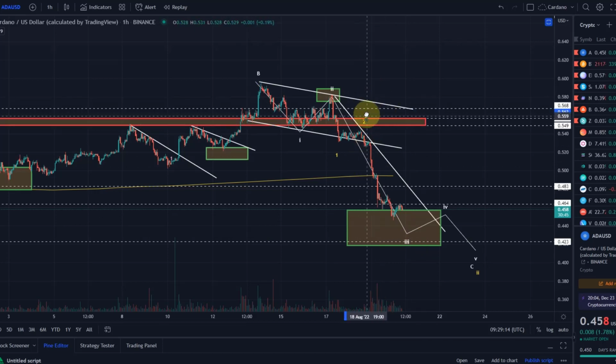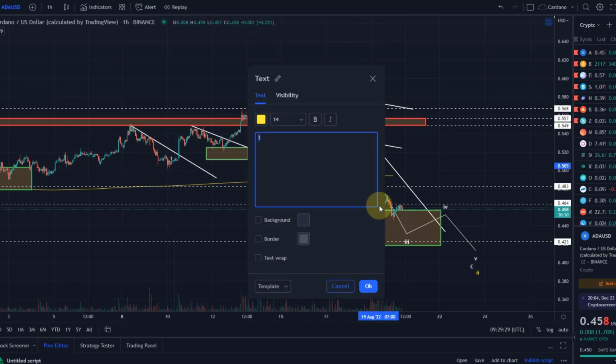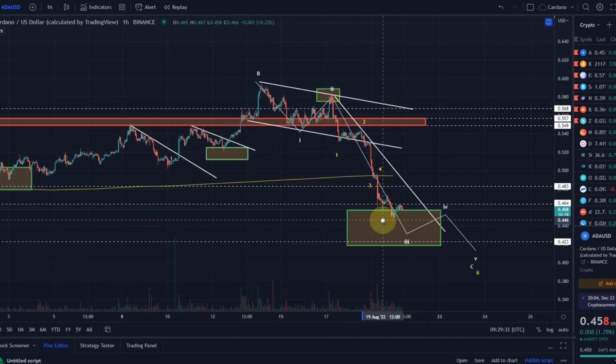Then we came down here in a, you could say that this here was possibly the, let me just think here. Could say that this already was the wave 3. This here might have been the wave 4, very small one. And then we came down here in a wave 5.